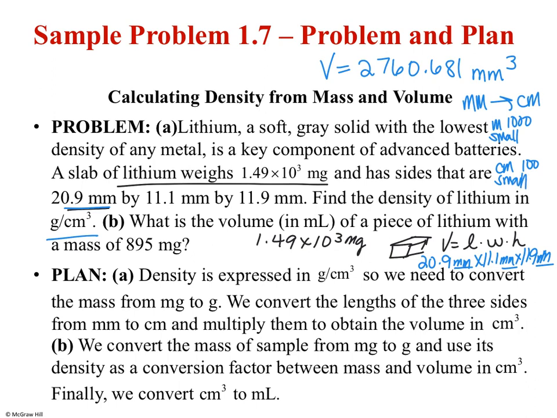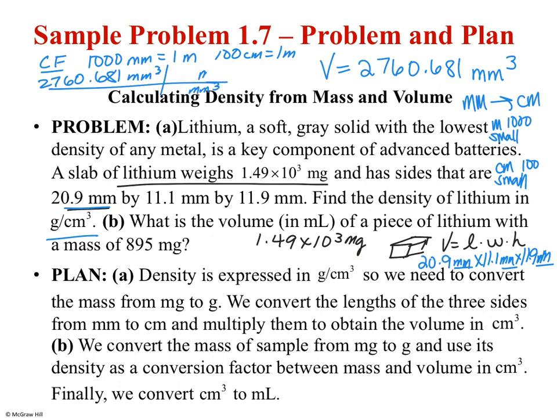So let's do some conversion factors. 1,000 millimeters equal 1 meter, and then 100 centimeters equal 1 meter. So if we wanted to convert 2760.681 millimeter cubed, I'm going to have to go to meter cubed.